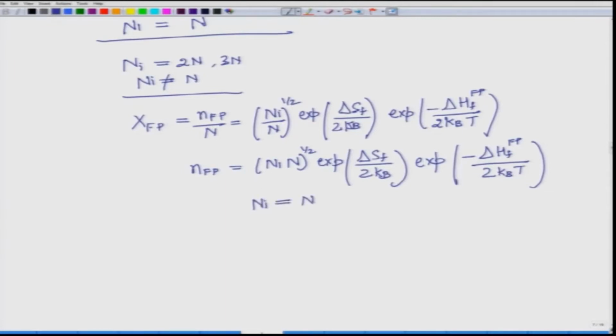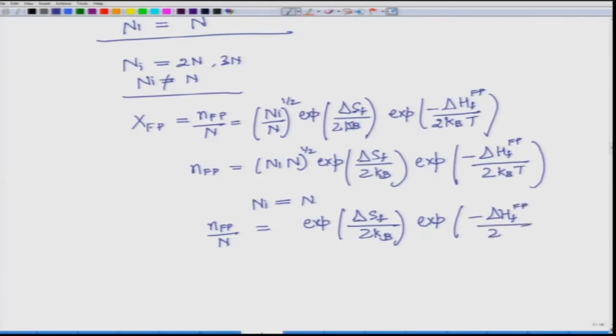Now, if you make Ni equal to n, this will become NFP by n equal to exp of minus delta HF by 2 KBT. So, you see what is the difference: these are the two relations when Ni is not equal to n, and when Ni is equal to n, this is how the relation looks like.